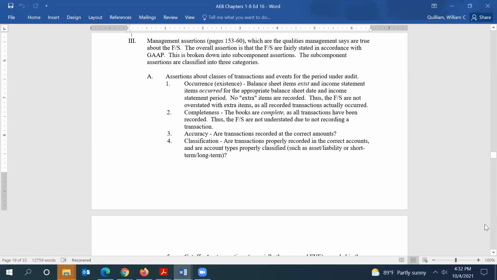They're going to tell us that balance sheet items exist and income statement items occurred for the appropriate balance sheet date and income statement period. No extra items are recorded. Thus, the financial statements are not overstated with extra items, because all recorded transactions actually occurred. So whenever you see occurrence or existence, think no overstatements.